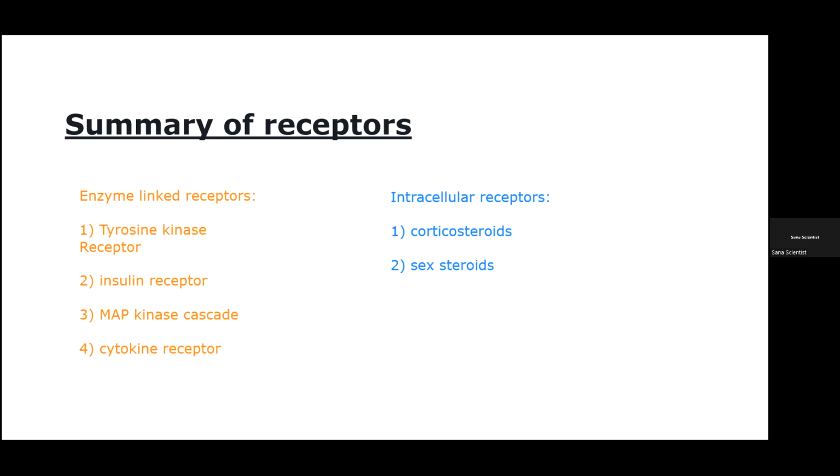When we have the receptor and steroid complex, they enter the nucleus and there is binding to DNA, which will lead to gene transcription and eventually protein synthesis. The main feature of these receptors is the fact that they are at the cytoplasm level.